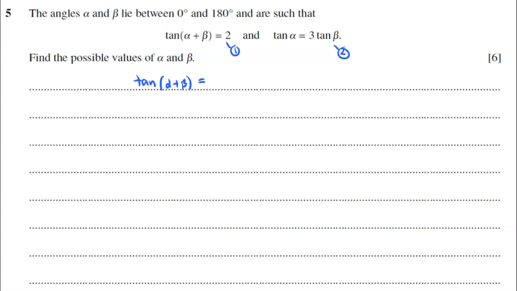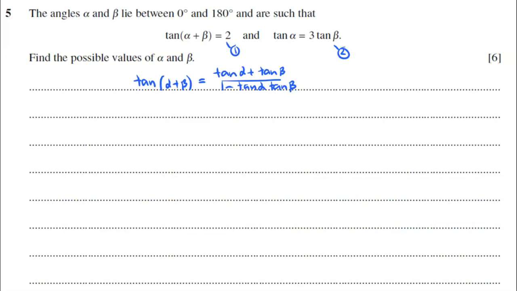We do have formula sheets that we can use in the Cambridge exams, and so this will become tan of alpha plus tan of beta, divided by 1 minus tan of alpha times tan of beta. Okay, that looks a whole lot nicer.